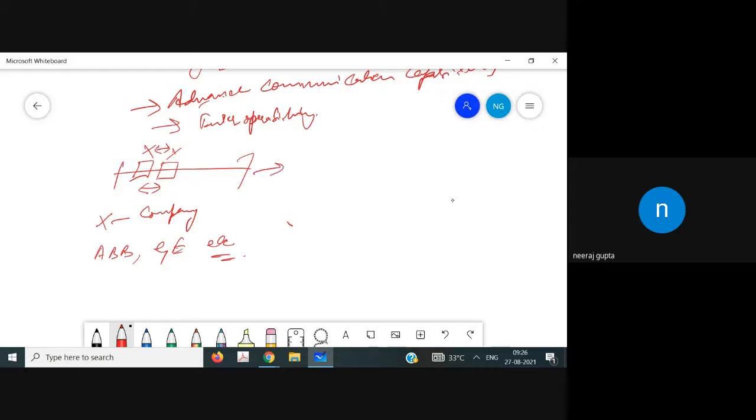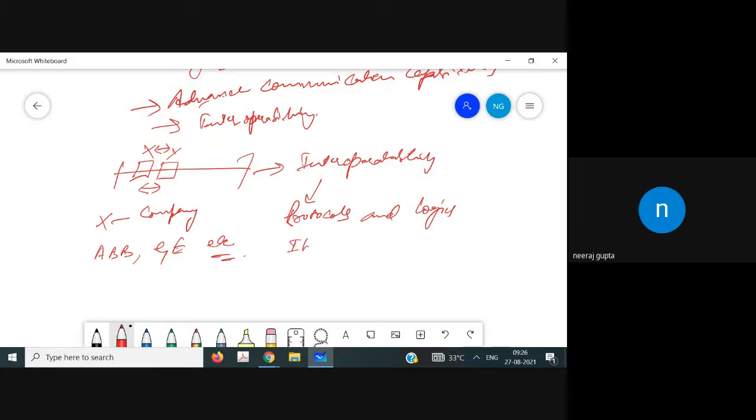So for the interoperability, I have to design certain protocols and logic.